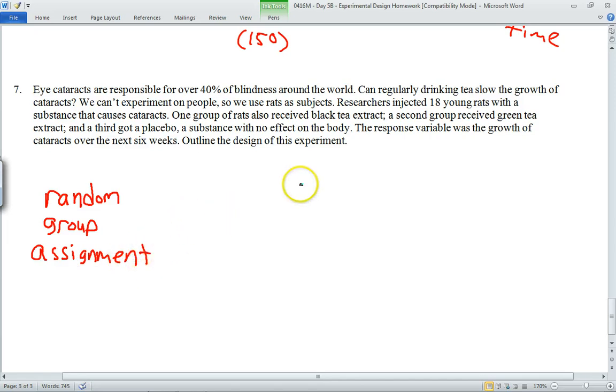Okay, how many groups are there? Let's count them. 18 young rats with a substance that causes cataracts. One group had the black tea extract, so we've got group 1. A second group got green tea extract, group 2.